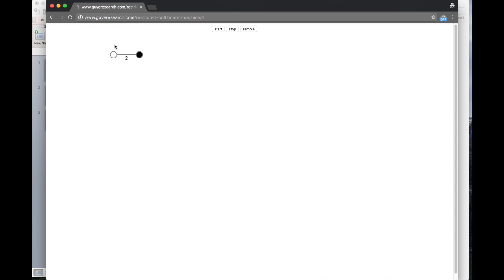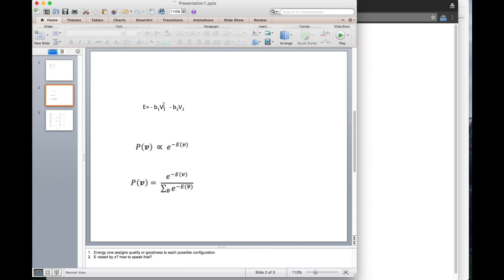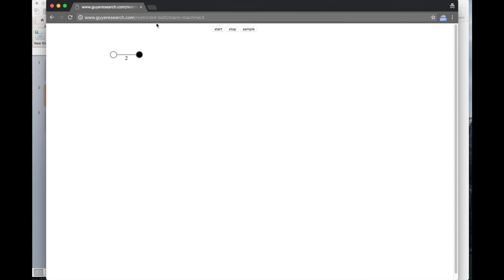These 2 neurons are both visible neurons, in the sense of the restricted Boltzmann machine, because they are used to model the sample distributions. That's why here I use V to represent the values of these 2 neurons. The restricted Boltzmann machine does not have connections between visible neurons. So for now, this is a general Boltzmann machine.